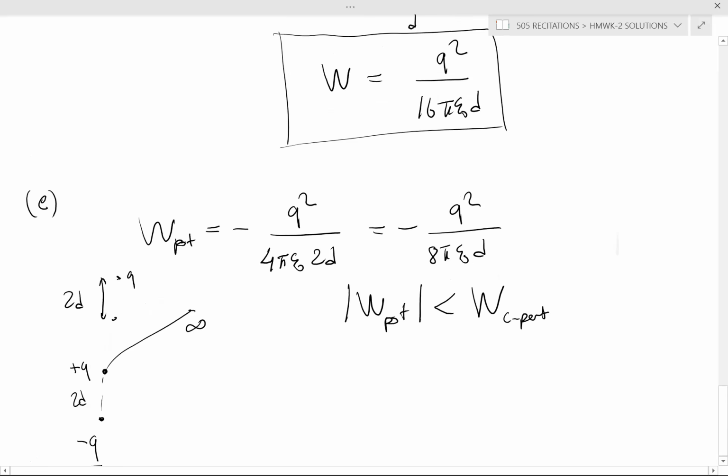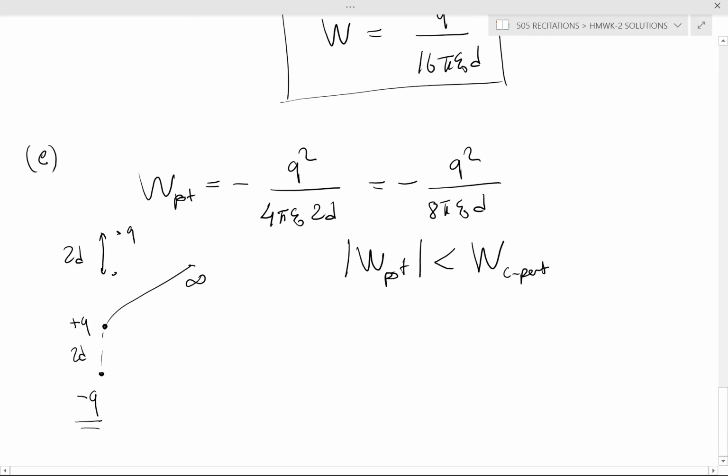But in the method of images, if we were calculating, for instance, the work we need to do, given that there exists a minus Q over here and staying where it is, and I'm taking plus Q to infinity, the magnitude is how much work I need to do.